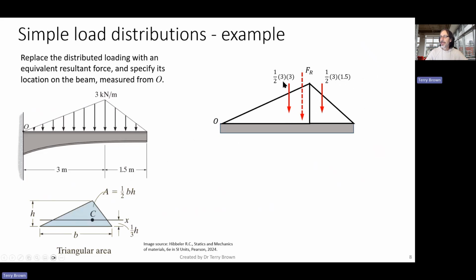Now that we've got those two, we can work out our resultant force F just by adding those up. And we get the resultant force of these two distributed loads is 6.75 kilonewtons. Now we need to work out where this resultant force acts, because if we're going to work out, for example, the moment at the end here, the reaction moment, then we'll need to know that in order to do the sum of the moments.